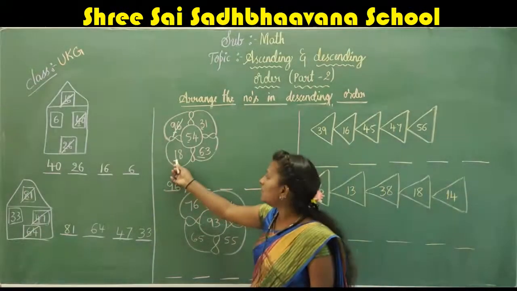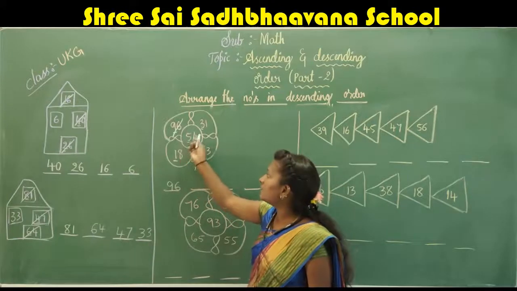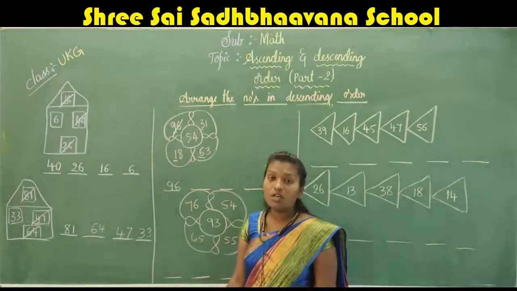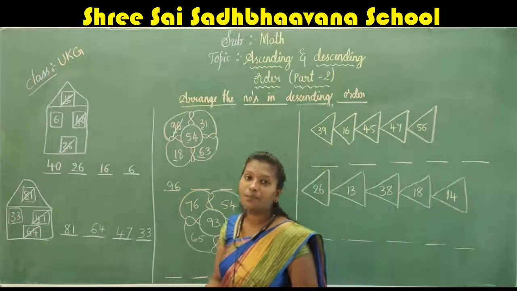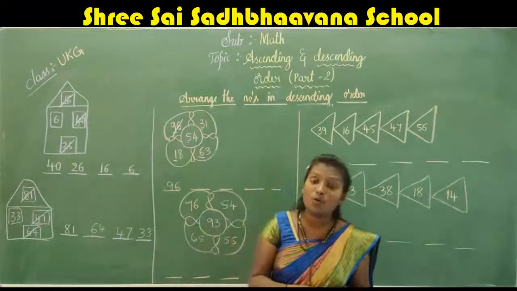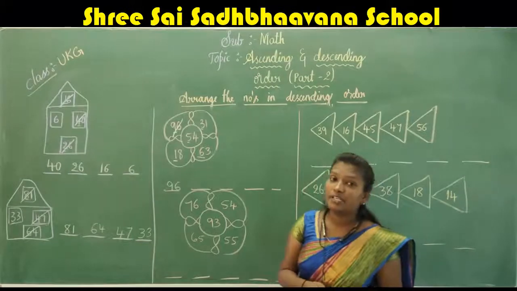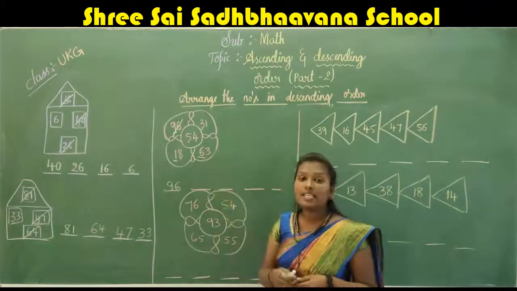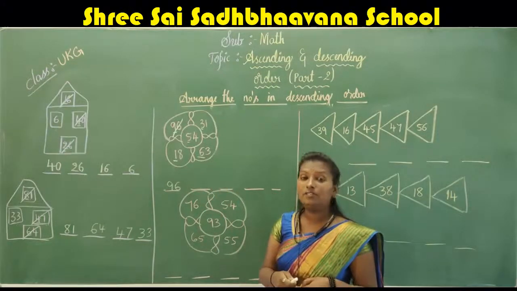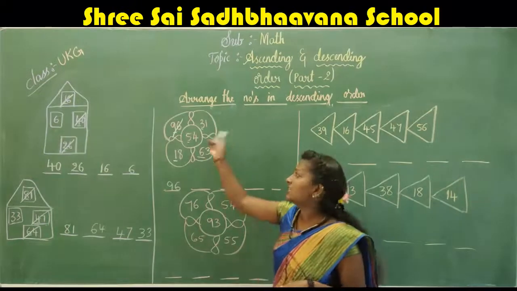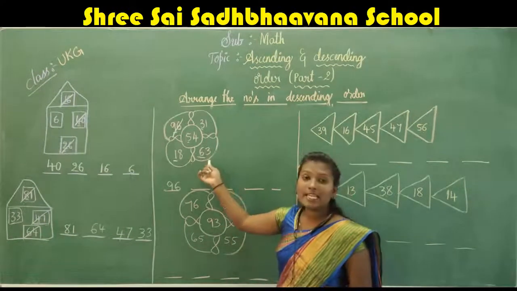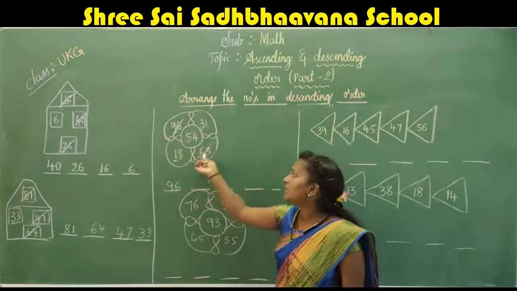Now let me observe 1, 6, 5 and 3. Which is the biggest number? Is 5 bigger than 1, 3 and 6? No. Then which is the biggest? Yes, 6 is bigger than 1, 5 and 3. So 63 is the biggest number. We cancel this number.